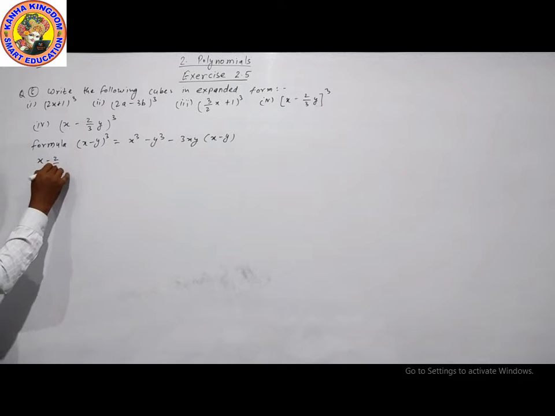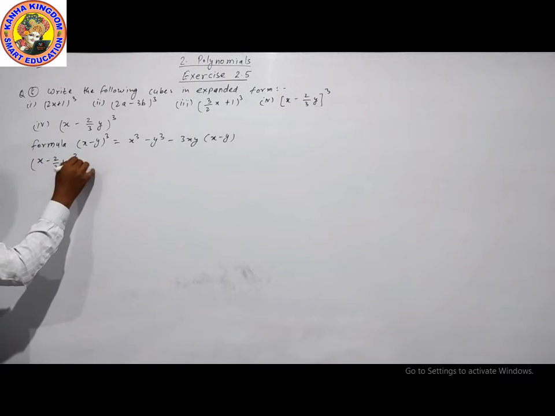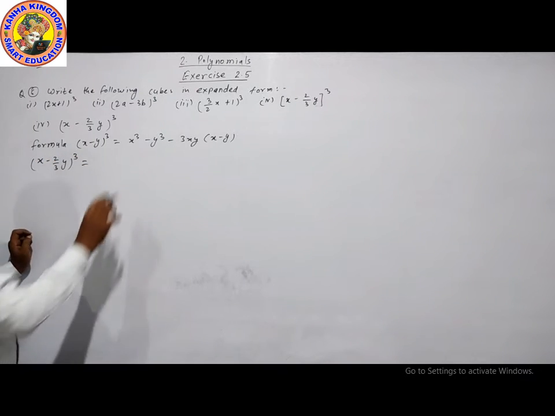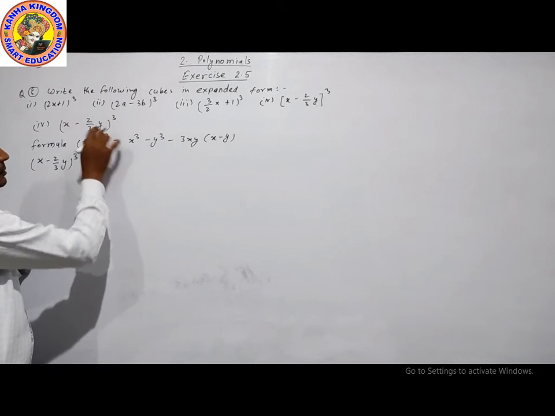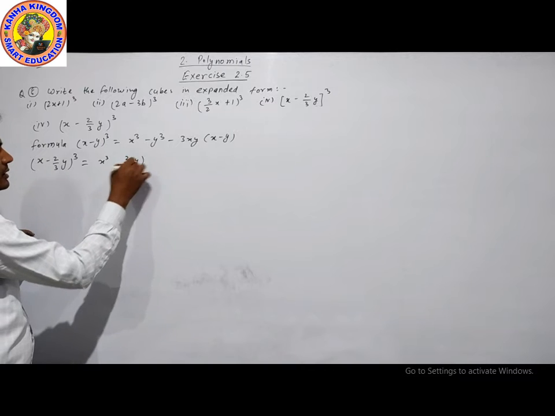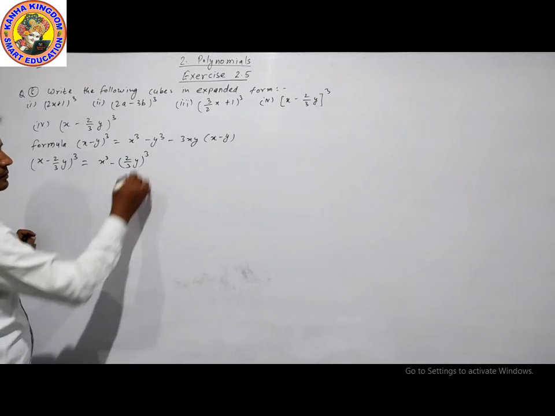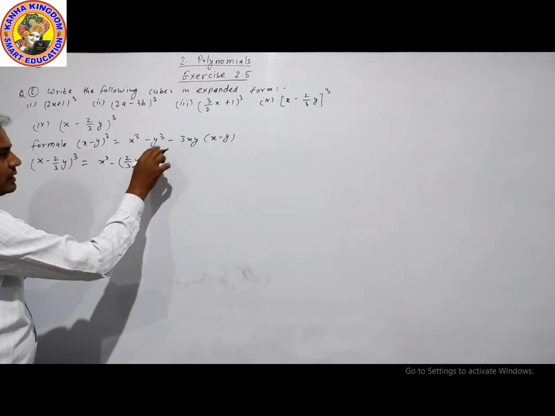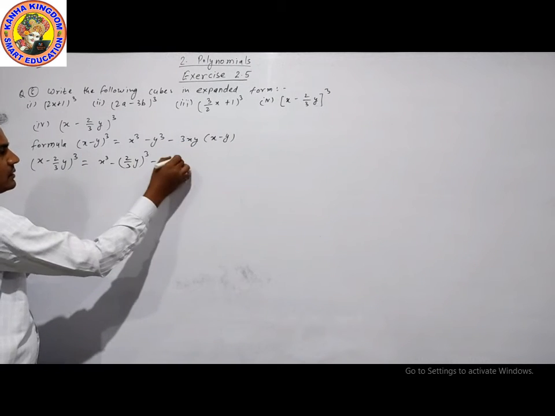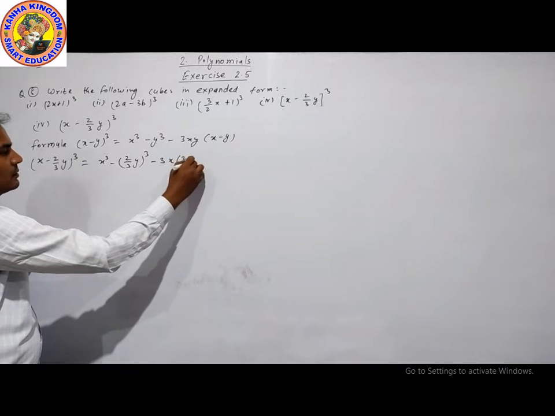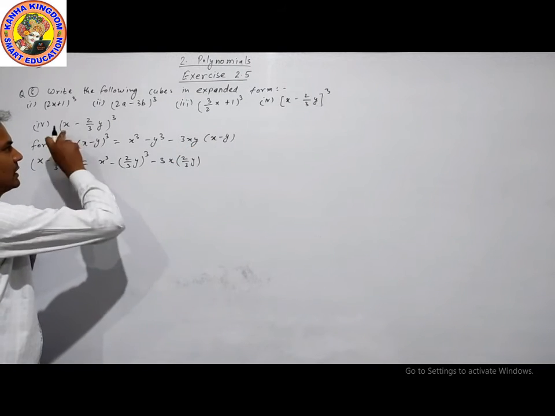(x minus 2 by 3y) whole cube is equal to x cube, then y cube, that is (2 by 3 y) cube, minus 3, then x, then y, times (x minus y).